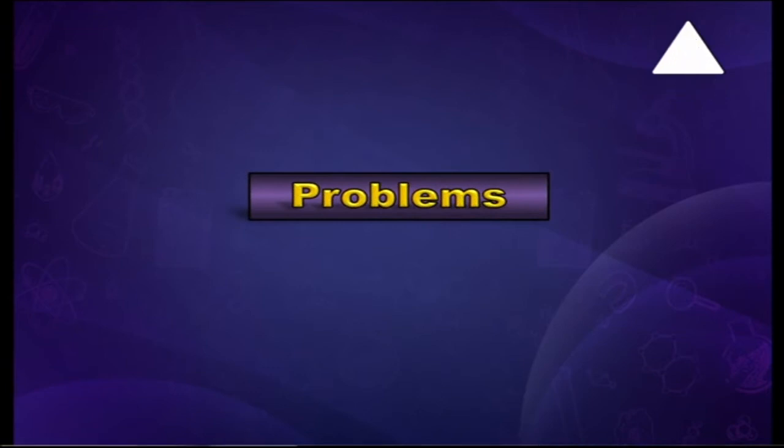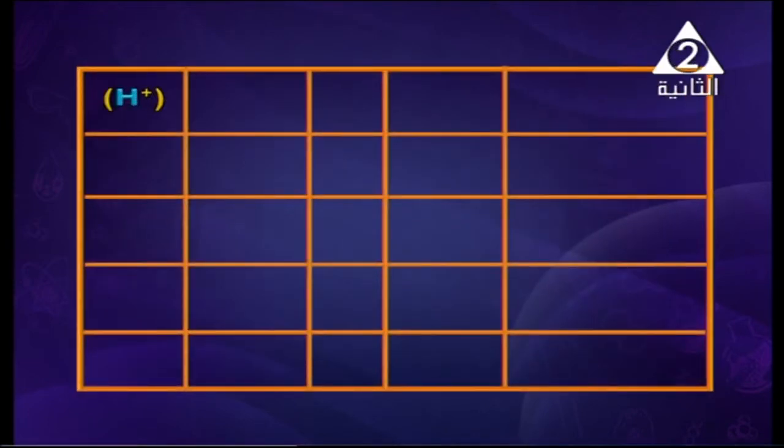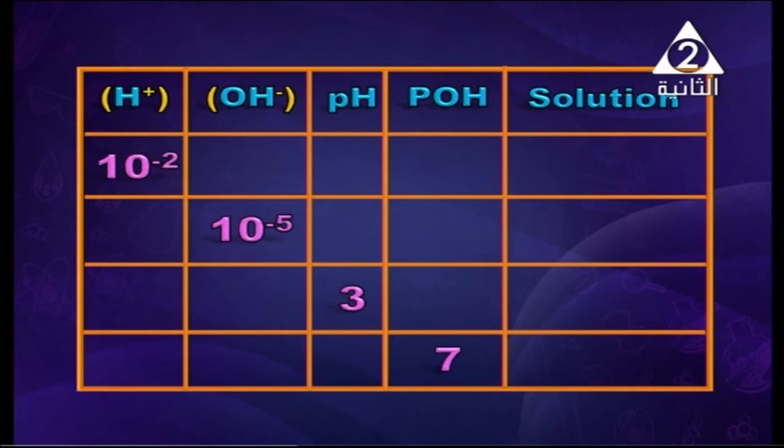We are going to discuss some problems on these values. Complete the following table. Here, the concentration of hydrogen ion, hydroxide ion, pH, pOH, and solution. These values are written in the table. We are going to complete the missing blanks.